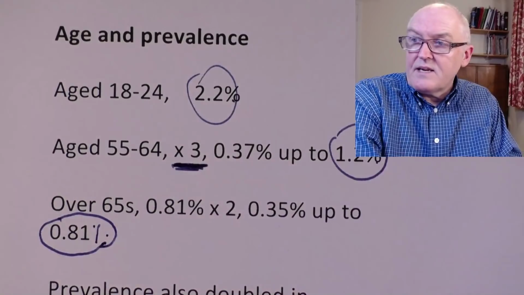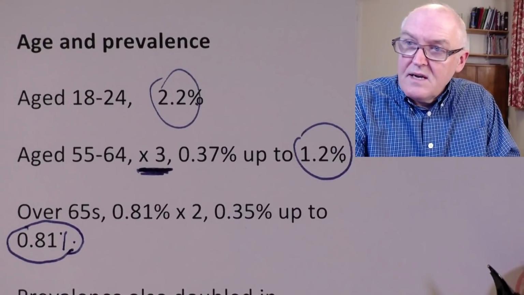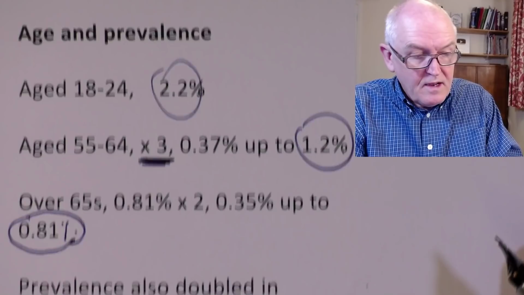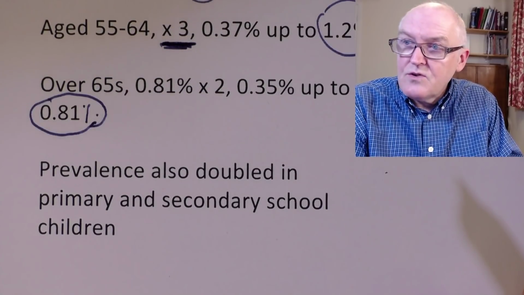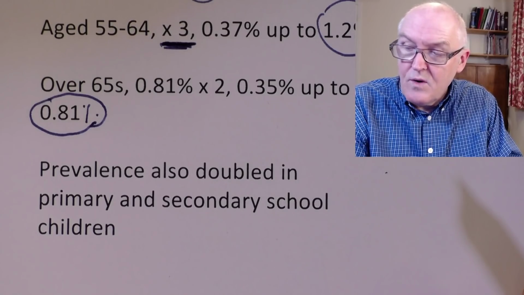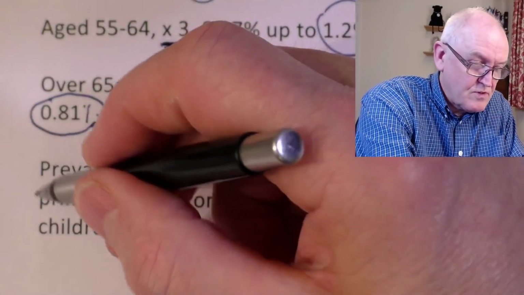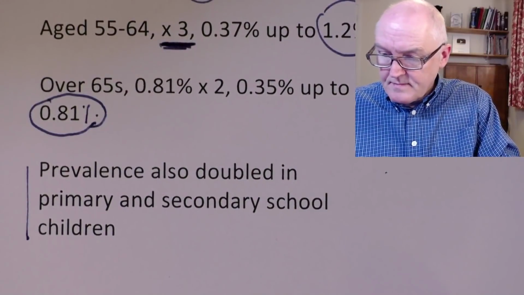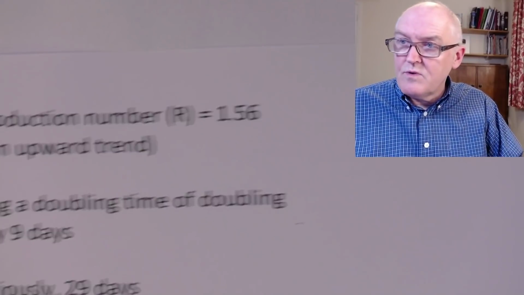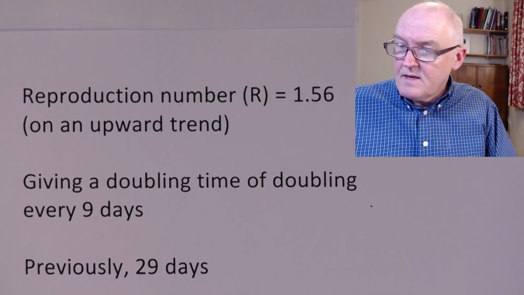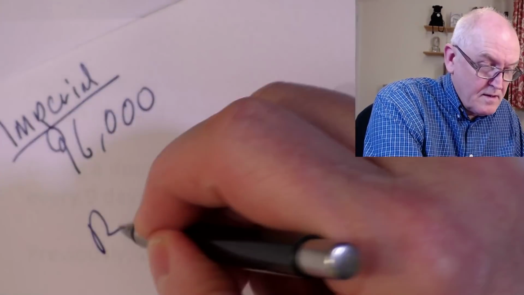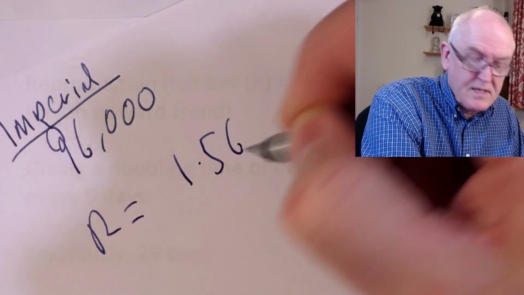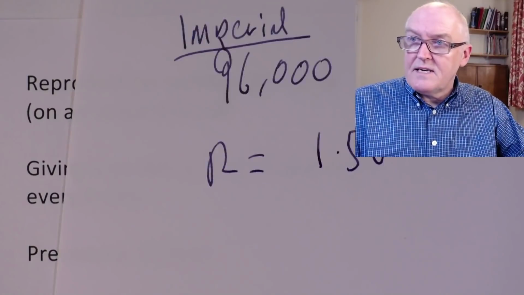So greatly increased numbers according to this Imperial College data. And they're also saying the prevalence has doubled in primary and secondary school children. So quite a large increase in numbers there as well, according to this data. And they say that gives us a reproductive number of 1.56. So Imperial R equals 1.56, according to that.